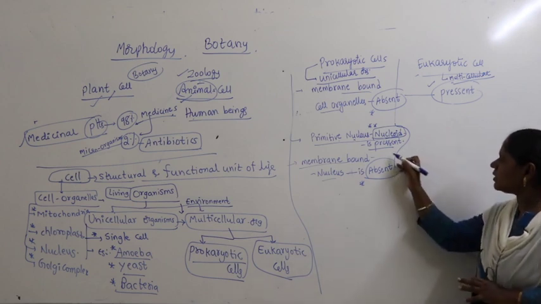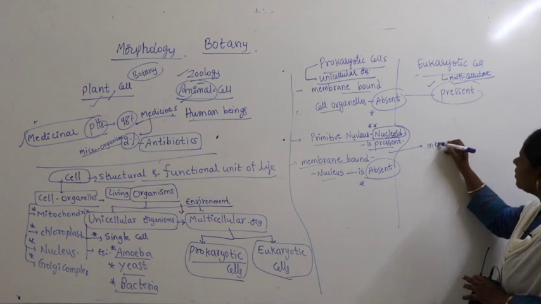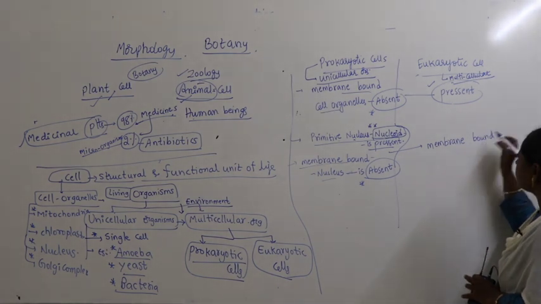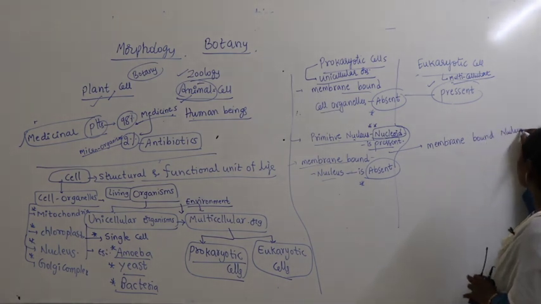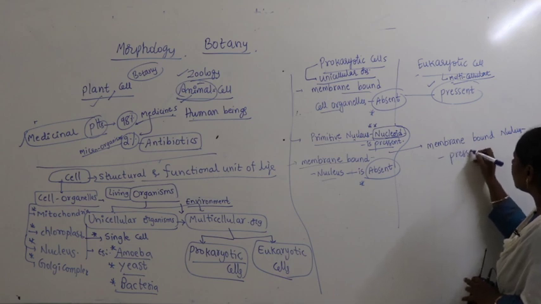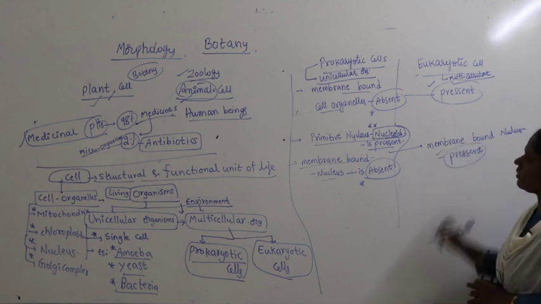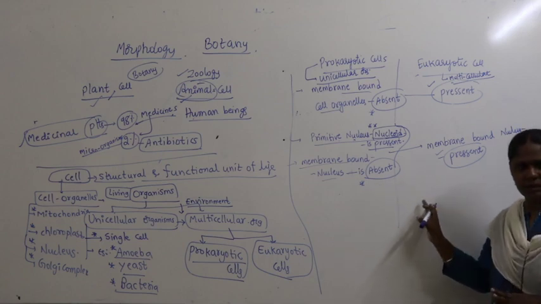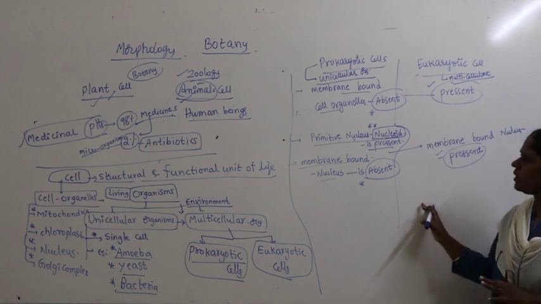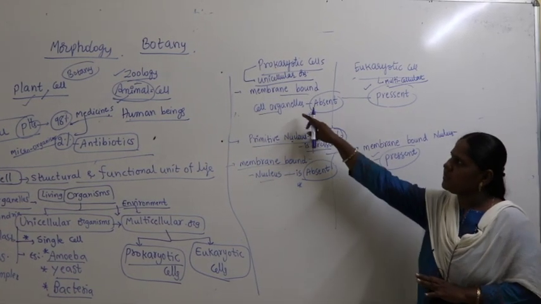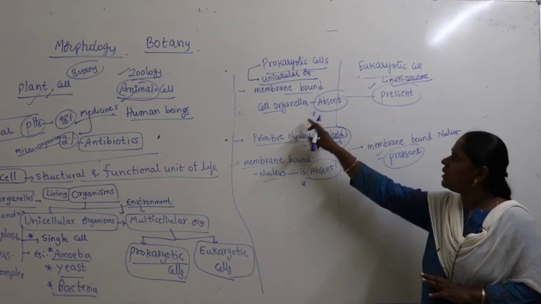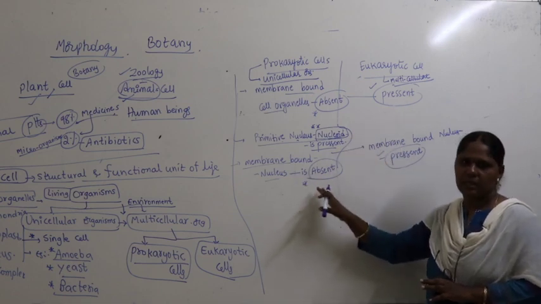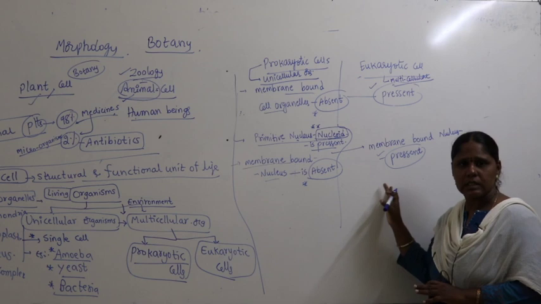Coming to eukaryotic cell, here membrane bound nucleus is present. These are very important differences. Membrane bound cell organelles are absent here and present there; membrane bound nucleus is absent here, but present there.